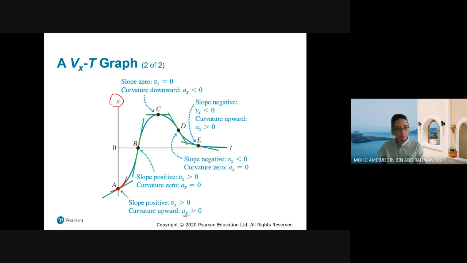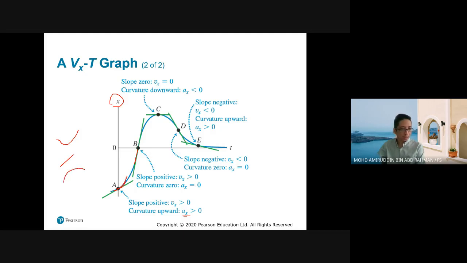And over here you see that the slope is positive, but the curvature is 0. As you can see, the curve is not going like that, and it's also not going like that.